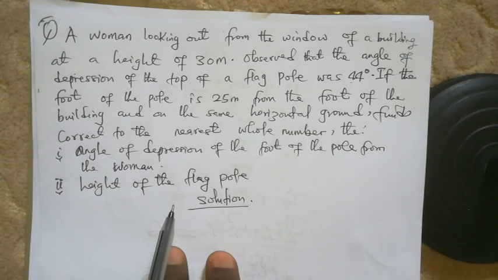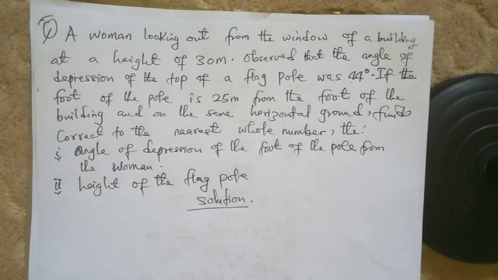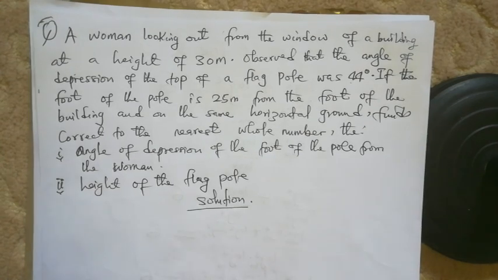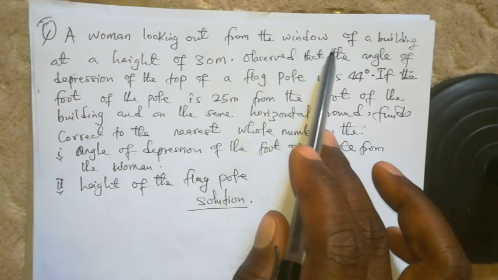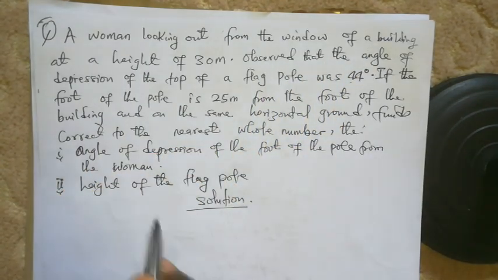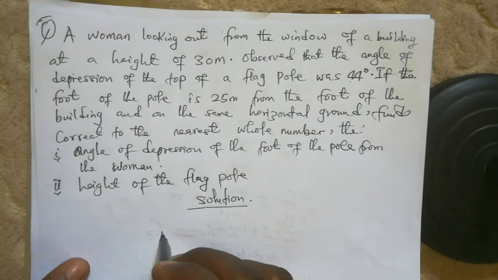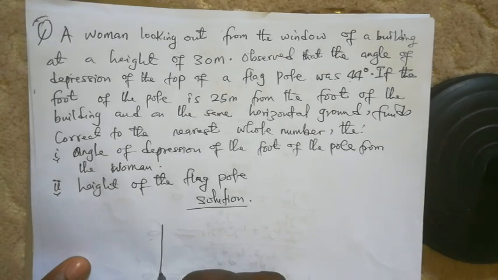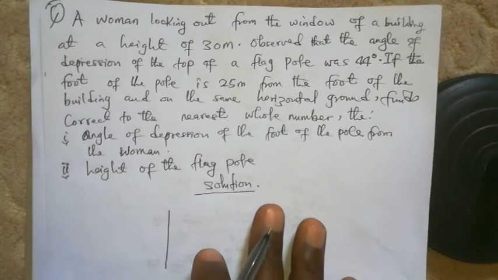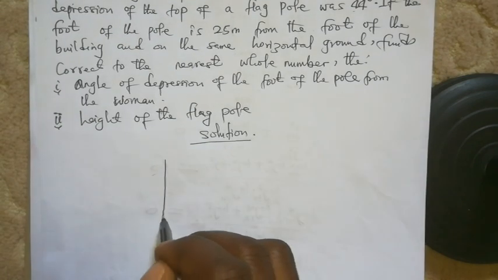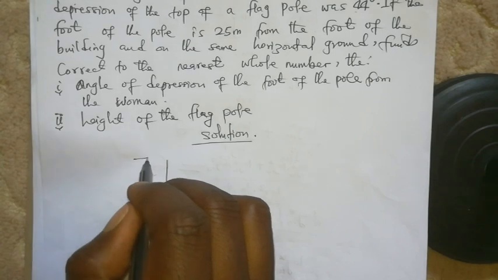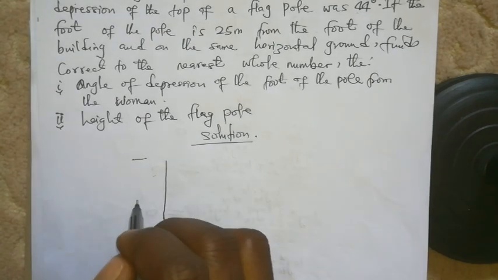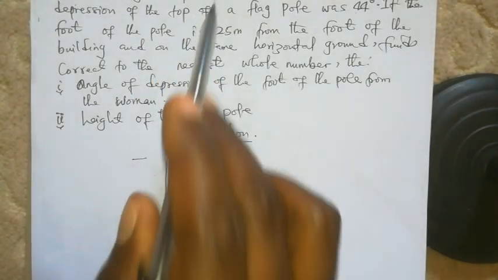So look at it very well. First, let's sketch because it will be easier. A woman looking out from the window of a building at a height of 30 meters. Assuming this is the height of the building, like this, it is 30 meters.